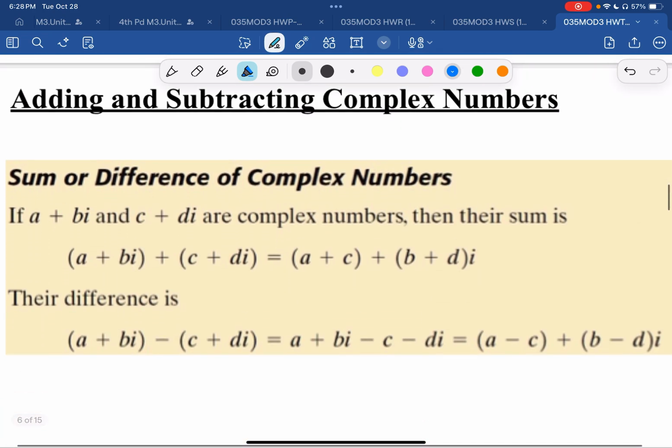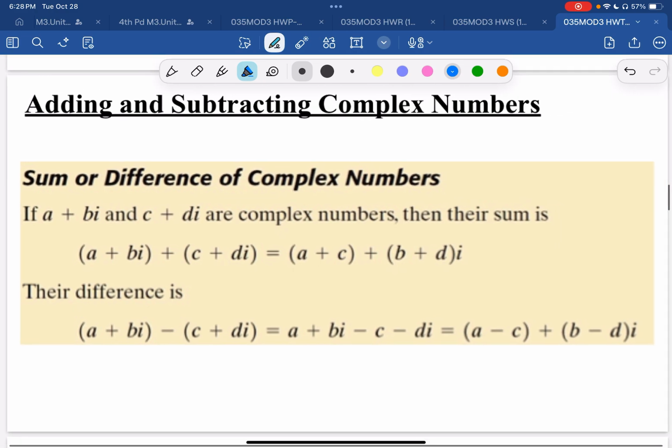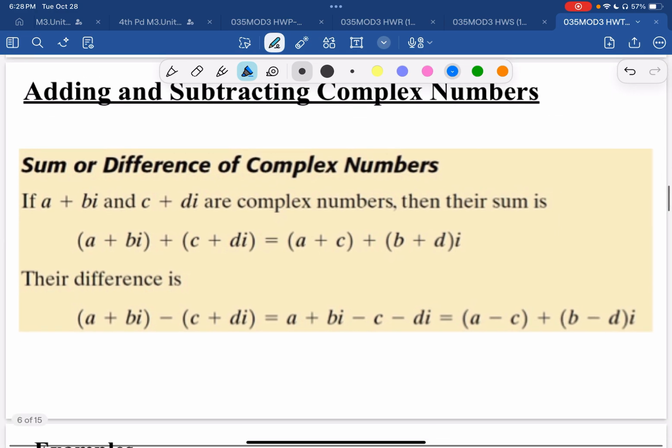When we're adding and subtracting these complex numbers, we're going to add and subtract the like parts. That means if we've got a + bi plus c + di, the a and the c are our real parts, so we're going to combine those, and then our bi and di are the imaginary parts, so we're going to combine those.